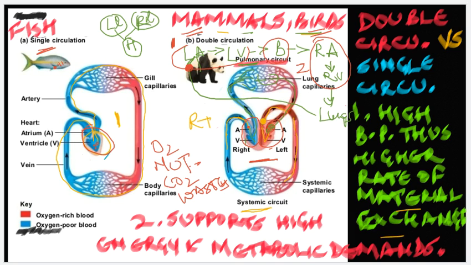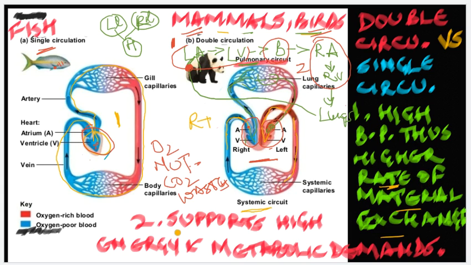If the blood pressure is very high, if the blood is moving really fast through the system, the speed of material exchange, the diffusion of oxygen into the tissue, the removal of carbon dioxide from the tissue, the supply of nutrients to the tissue, the removal of wastes from the tissue is much higher due to high blood pressure.